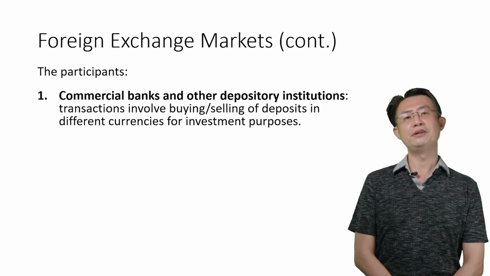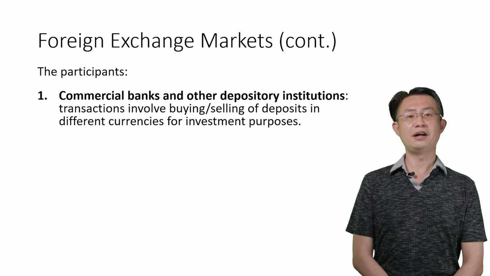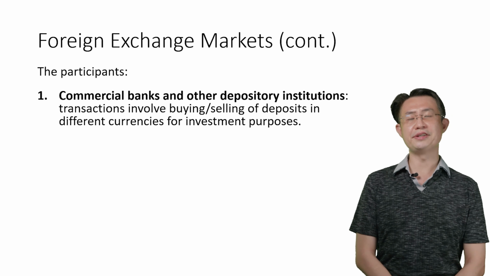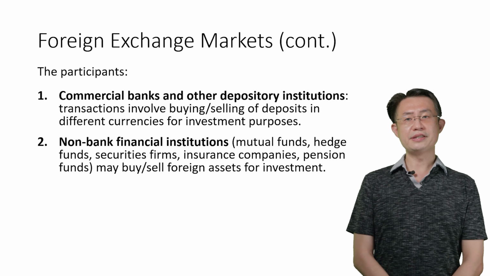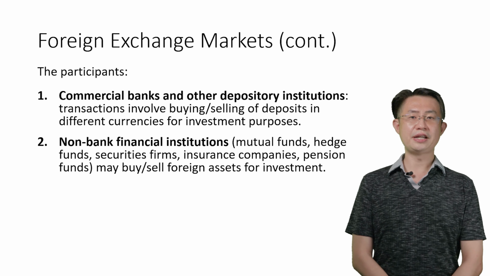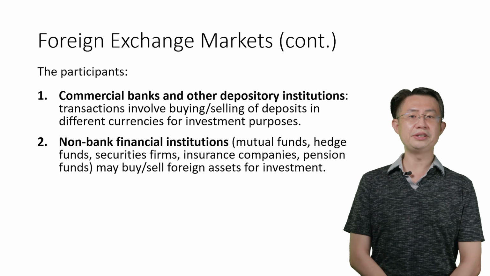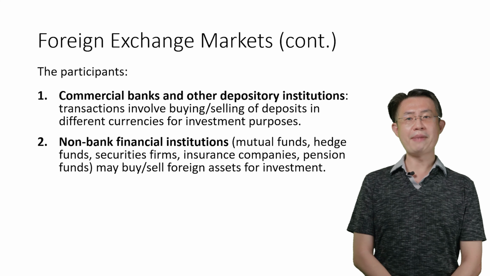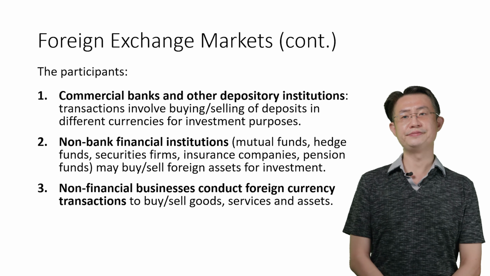For example, the commercial banks will offer a service to help traders or people buy or sell different currencies for their purposes. And the second one is non-bank financial institutions, such as mutual funds, hedge funds, security firms, insurance companies, and pension funds. They will buy or sell foreign assets for their investments.